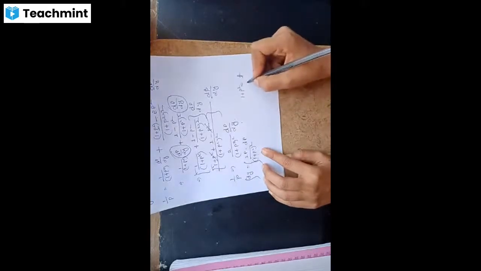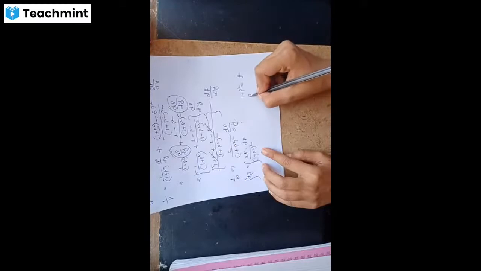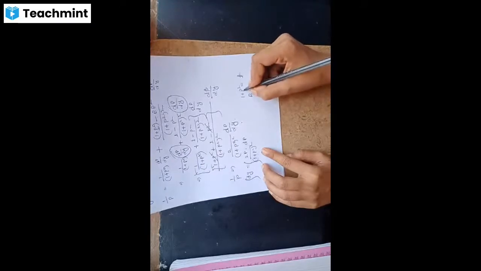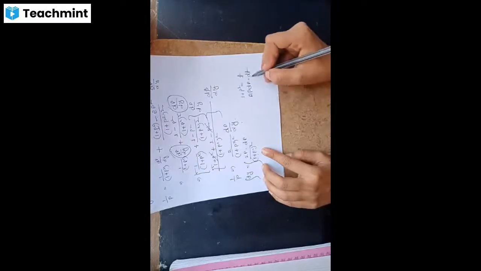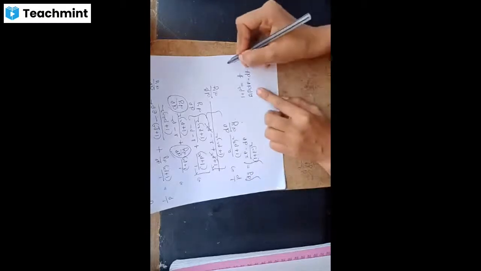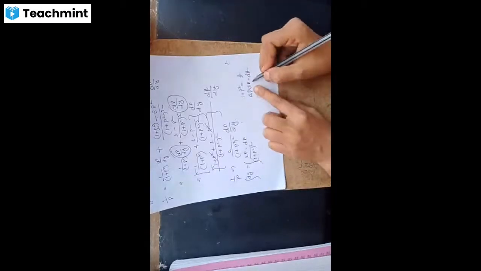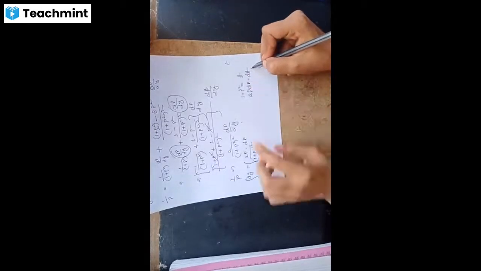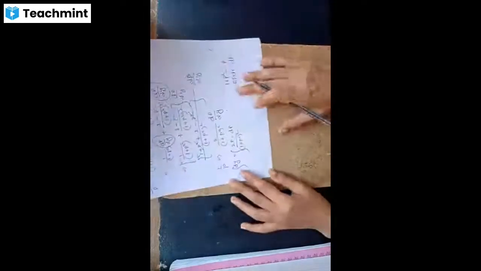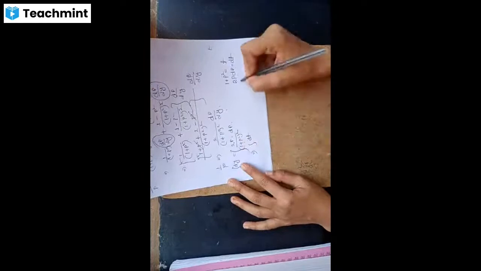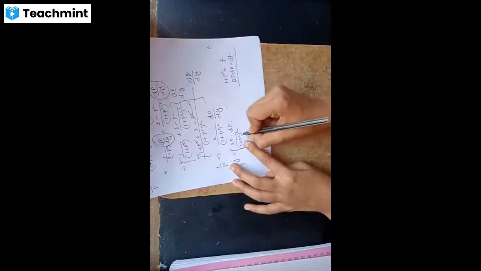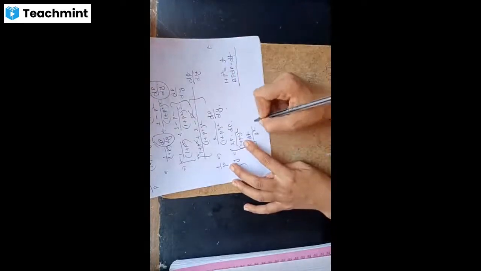Differentiating with respect to t, 2p dp is equal to dt. So the integral becomes dt divided by t square.